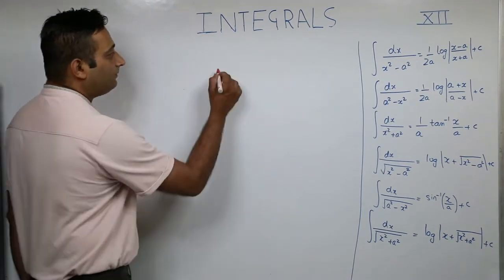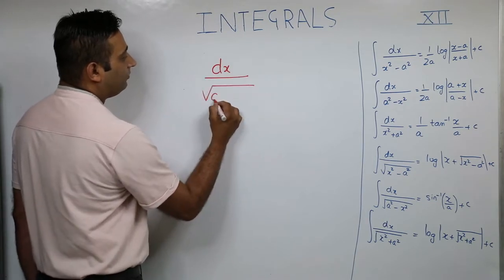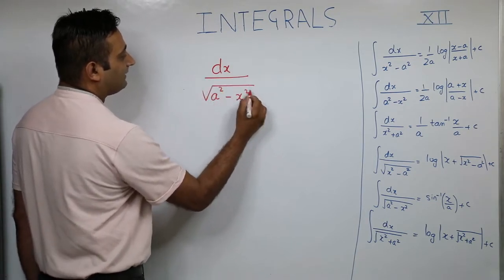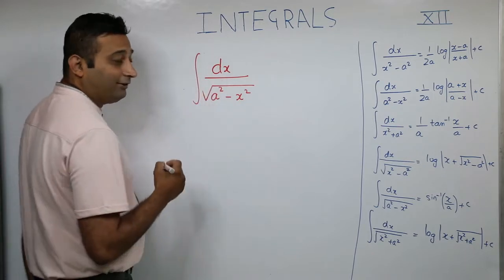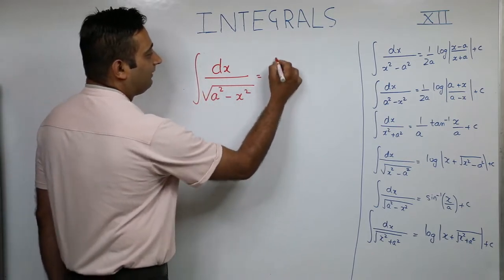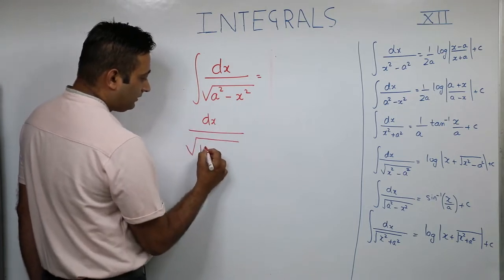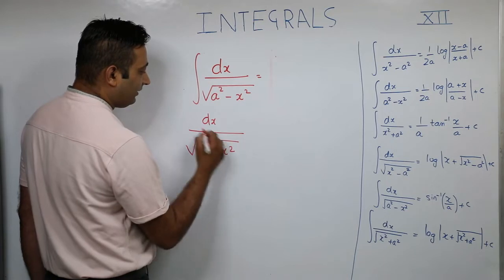Now in the next problem, we'll compare one more standard form, which is under root a square minus x square in the denominator. We have dx upon under root a square minus x square. In this case, we can take one example, dx upon under root 16 minus x square.